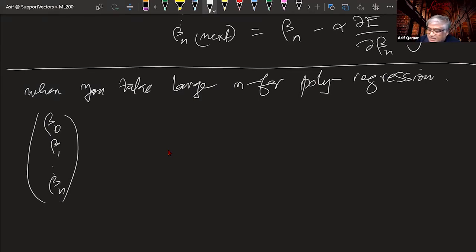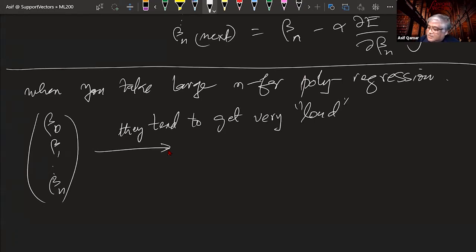What you observe is that they tend to get very large, right? So what will suddenly happen is your good values of beta naught will be, let's say, 2, minus 1 or something like that.